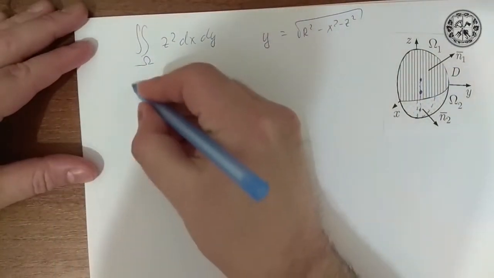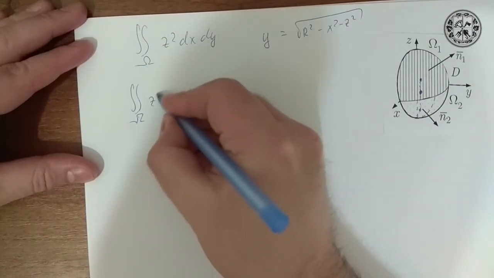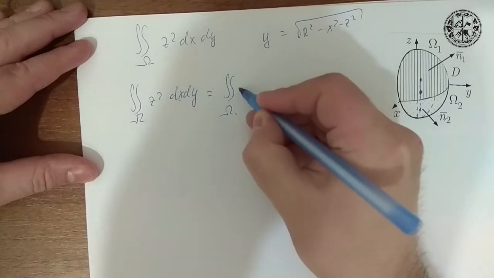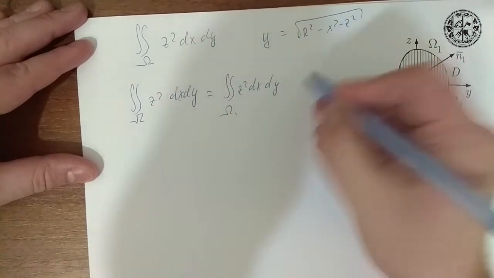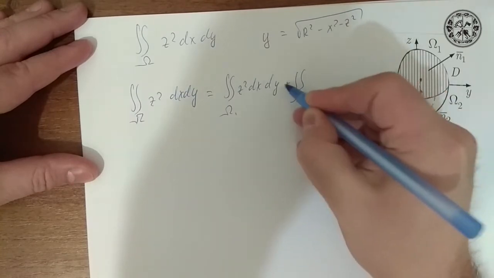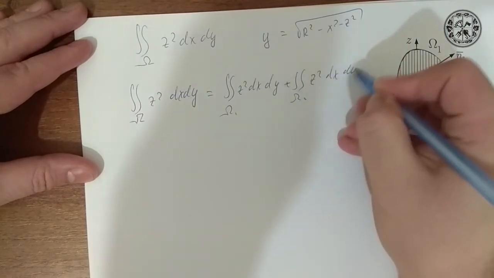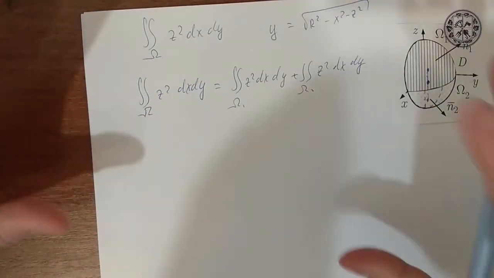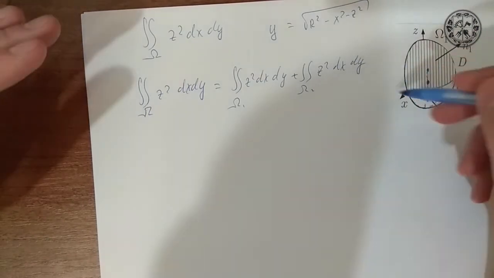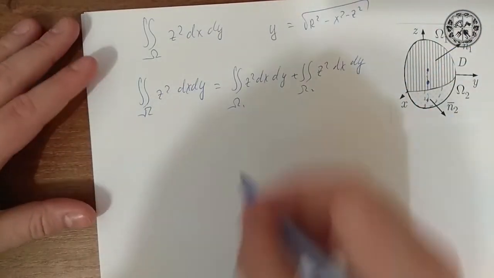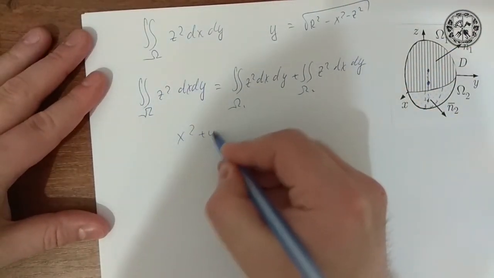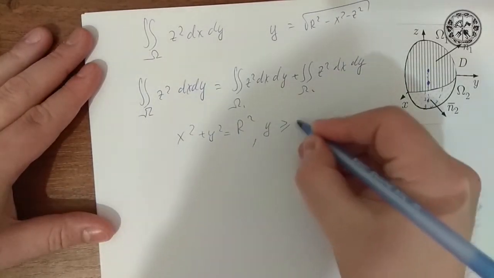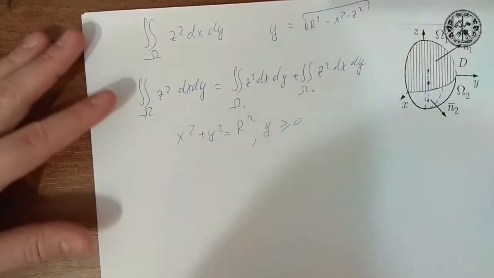So we'll have the integral by omega of z squared dx dy equals the integral by omega 1 of z squared dx dy plus the integral by omega 2 of z squared dx dy. Now we'll have a projection. Well, our sphere will be projected into a circle, and the circle will have the equation x squared plus y squared equals r squared, and y will be positive because it's only a right hemisphere.